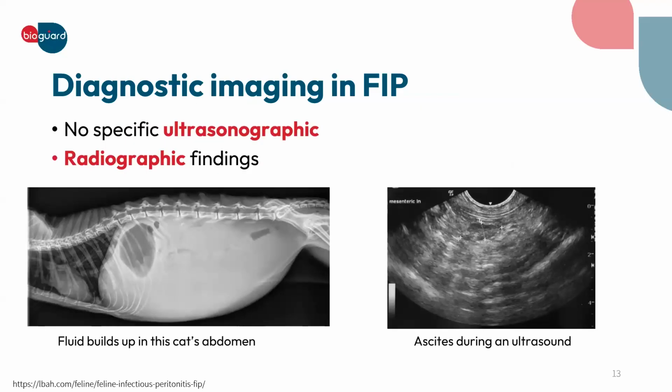Suppose in the abdominal area there is a lot of fluid accumulated, which causes the abdomen to look inflamed. It can be clearly observed in the radiography image. Ultrasound could also be done, which can show the ascites occurring inside the body.